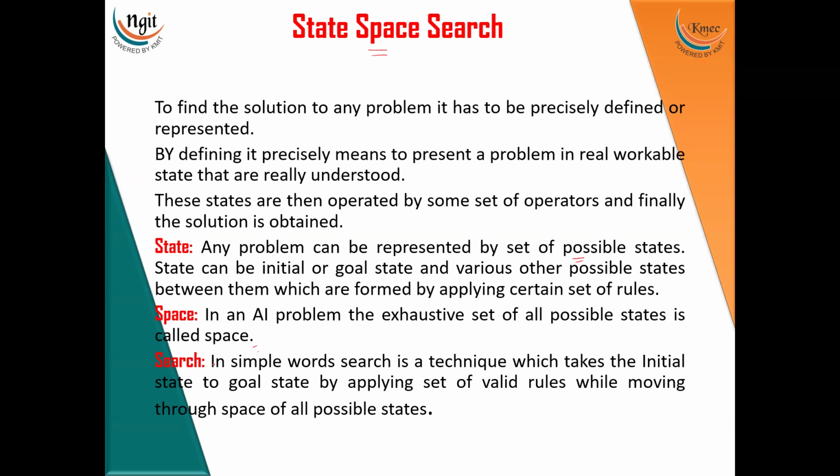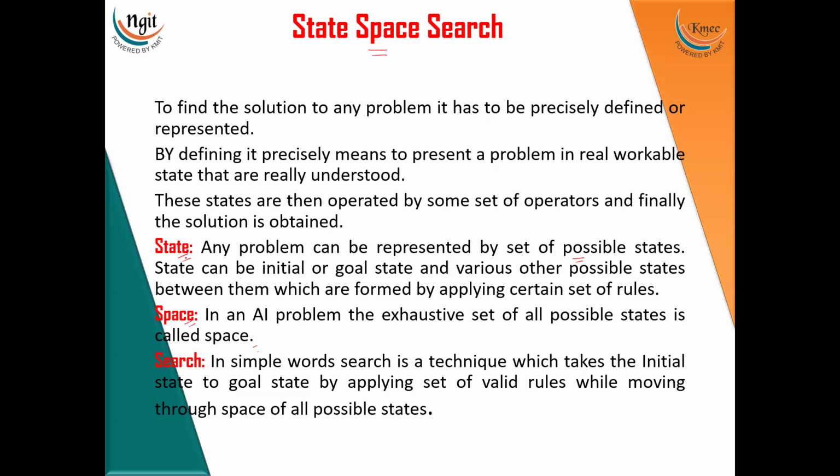And coming to one more important thing, search. In simple words, search is a technique which takes the initial state to the goal state by applying a set of valid rules while moving through the space of all possible states. Try to understand, it is a technique. Search is a technique where we are going to use some algorithms, search algorithms.